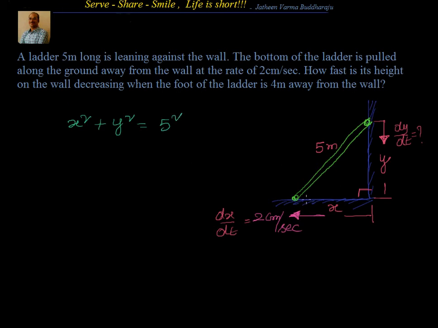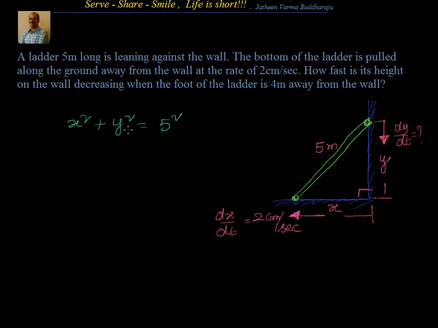Even though you try to change the x value by pulling away from the wall, your y value will change in such a way that the ladder length will remain at 5. You are not changing the ladder length, you are just pulling it away from the wall, so that the height will reduce.